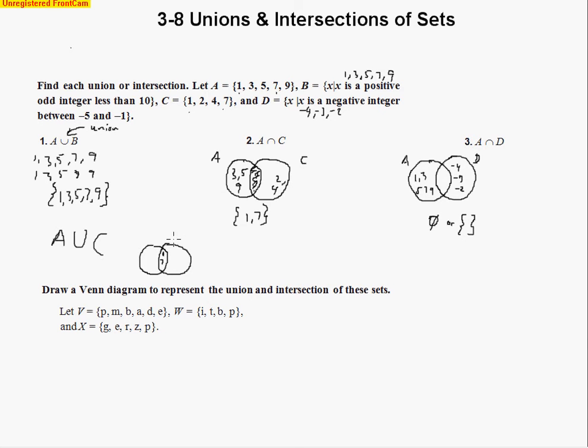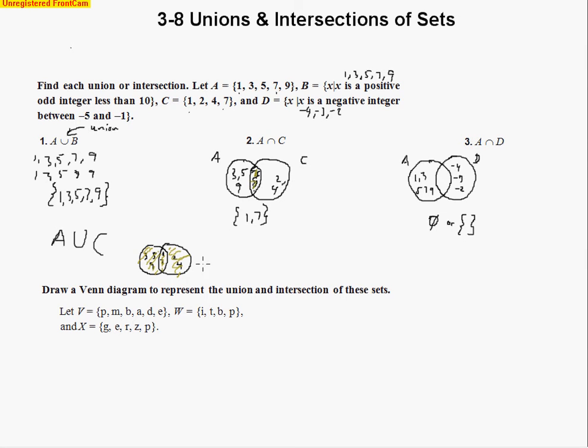So we're going to rewrite this one here. We have 3, 5, and 9 are the other values of A. C has those two even numbers of 2 and 4. So when we're talking about a union, we're talking about the entire set here. So we're talking about all the values of A, all the values of C, and everything that intersects, whereas when we're talking about just an intersection, we're just looking at what is in common between the two, like the 1 and the 7.